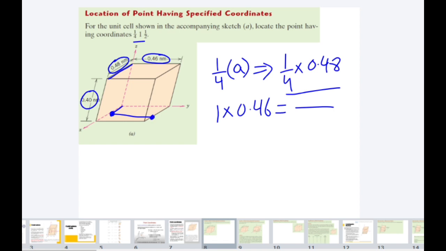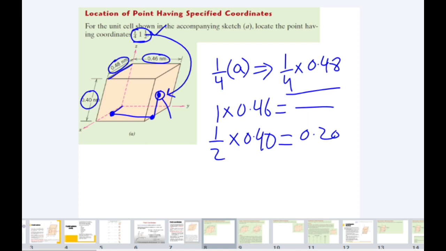Now for C, it is half C. And C is what? 0.40 nanometer, so half might become 0.20. So now we will go up in C, half. So here there is a point. The point coordinates for this point is this one, you see. This is the point and this is the point coordinate.